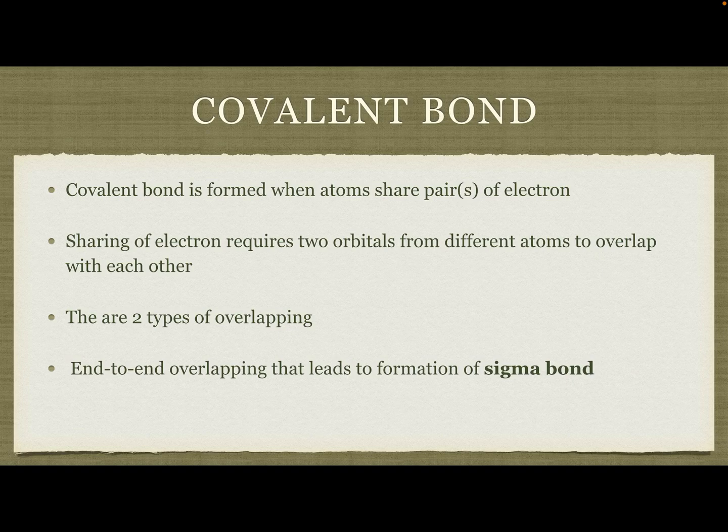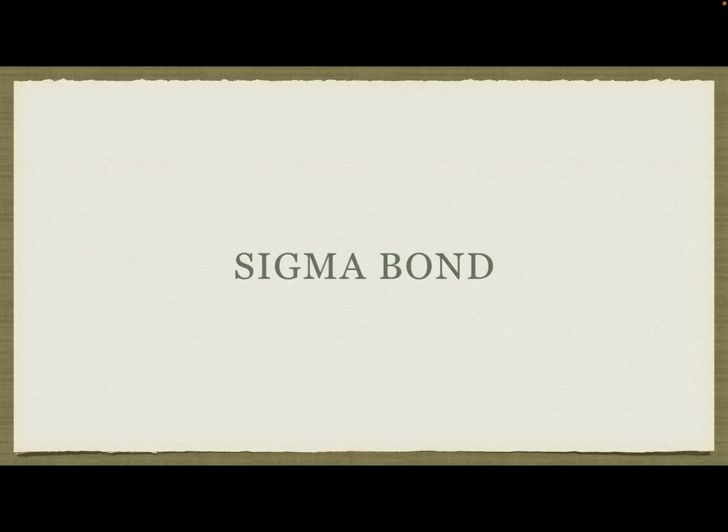Okay, so overlapping hujung ke hujung ini akan menghasilkan bond yang dipanggil sebagai sigma bond. And then another type of overlapping is called side-to-side overlapping, which leads to formation of pi bond. Okay, ada satu lagi type which is side-to-side, okay, sebelah menyebelah, yang akan menghasilkan pi bond. Alright. So macam mana rupa sigma bond, macam mana rupa pi bond ni?